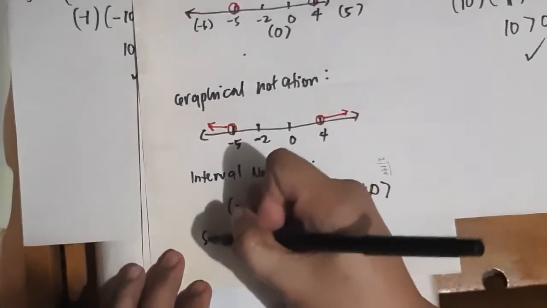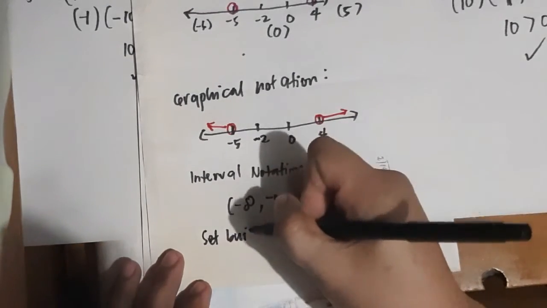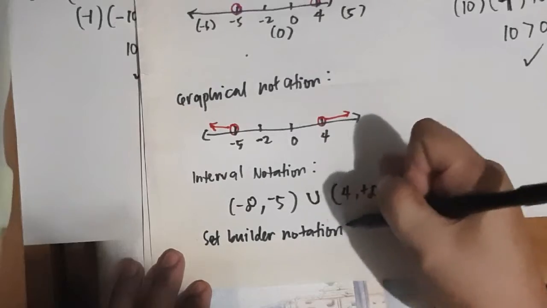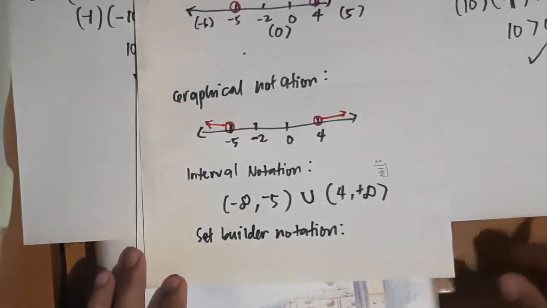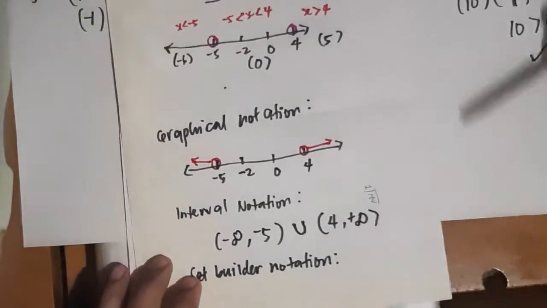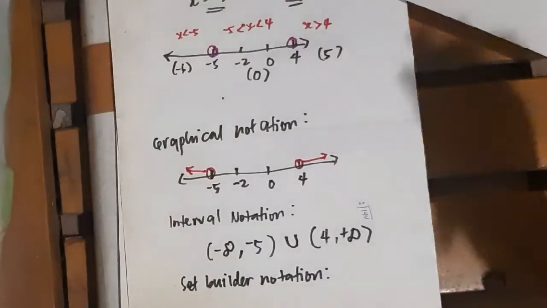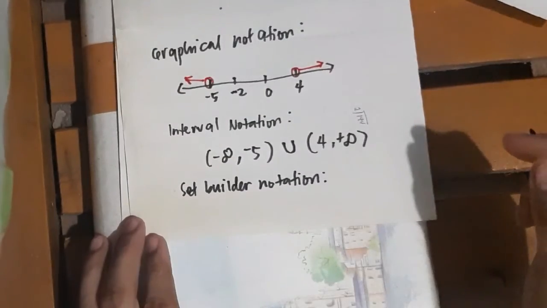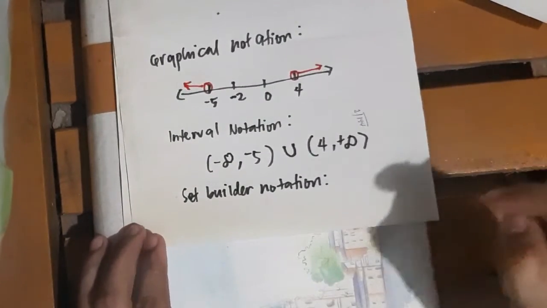And then for the set builder notation, just utilize the way we wrote our inequalities. In set builder notation, you must always remember that it is inside curly brackets, or braces.